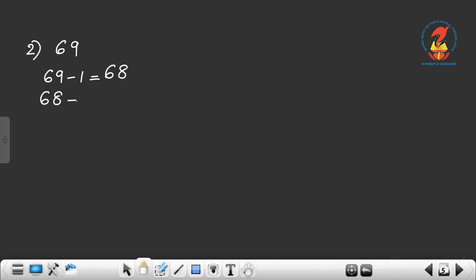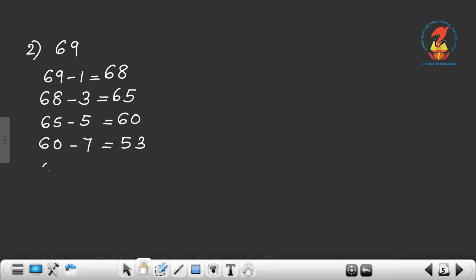Then 68 minus 3 equal to 65. 65 minus 5 equal to 60. Then 60 minus 7 equal to 53. 53 minus 9 equal to 44.